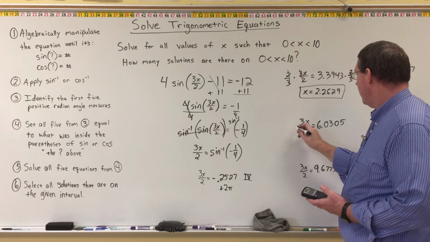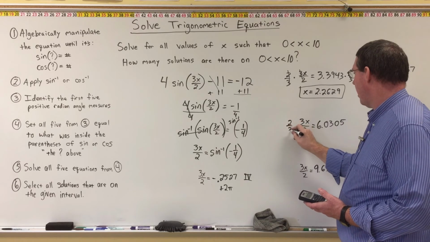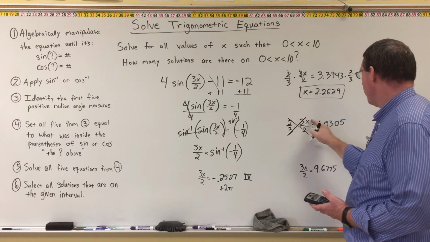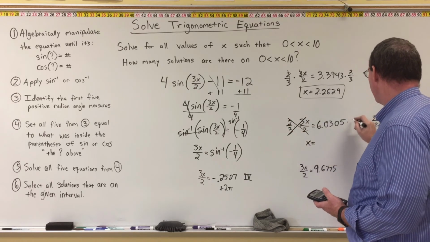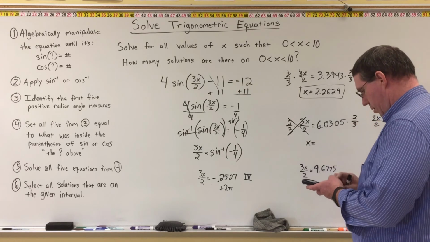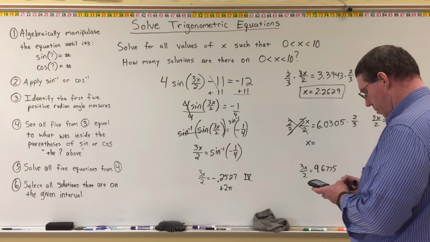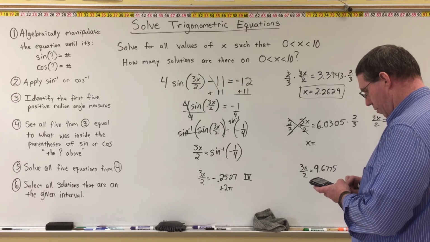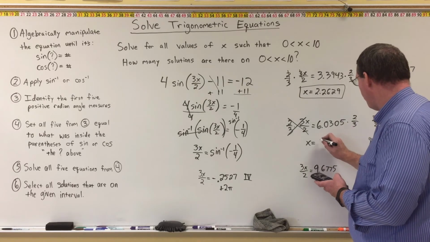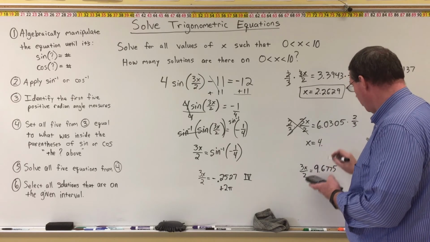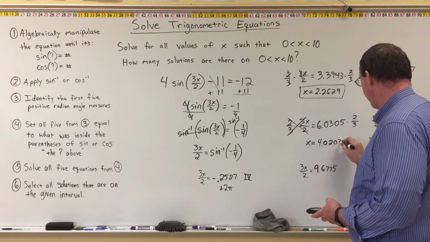Okay? Now here, I'm going to multiply by 2/3 again, and that's going to cancel these, leaving x equals, multiply by 2/3 over here, 6.0305 times 2/3 gives me 4.0203. Okay?